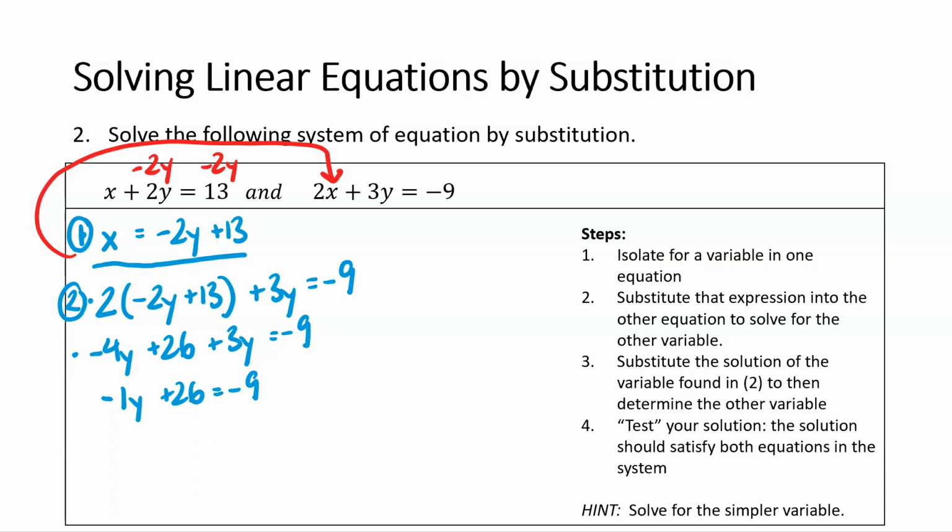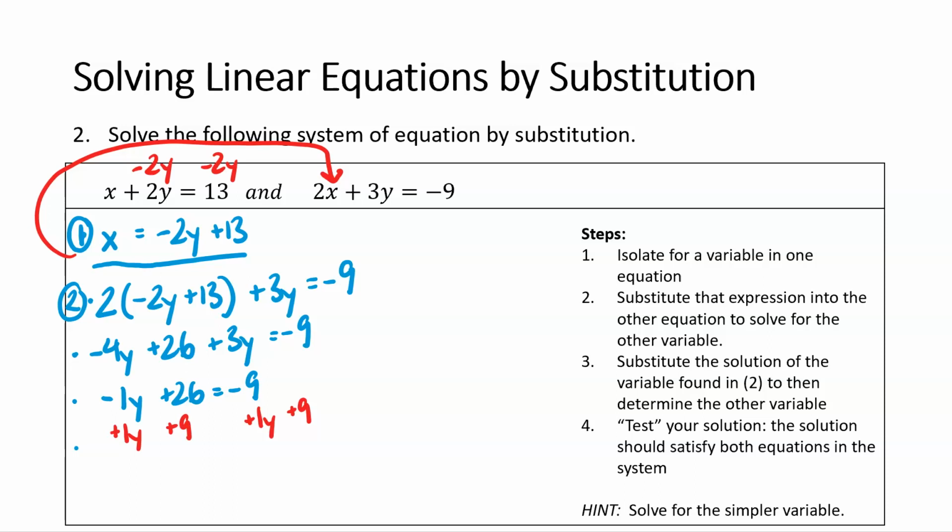So next step would be to subtract. What I'll do is add 1y to both sides and add 9 to both sides.